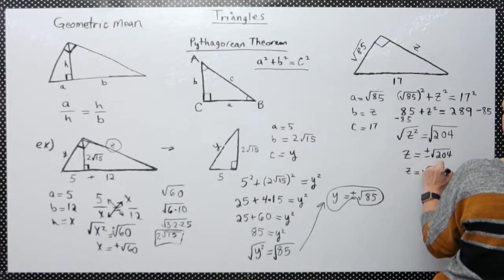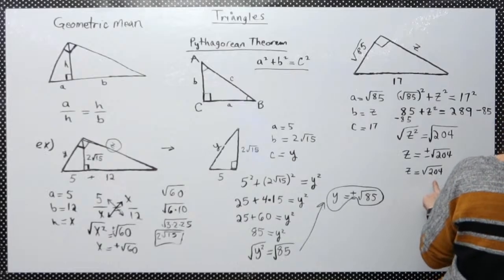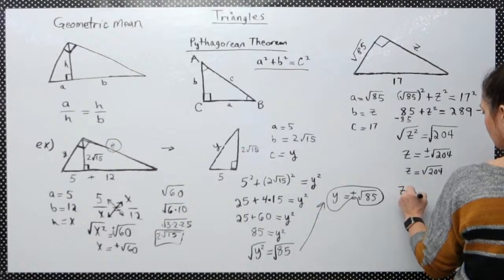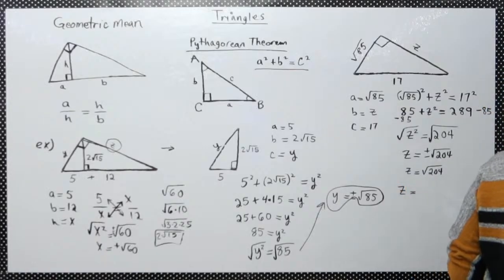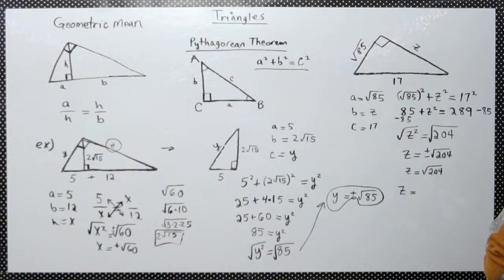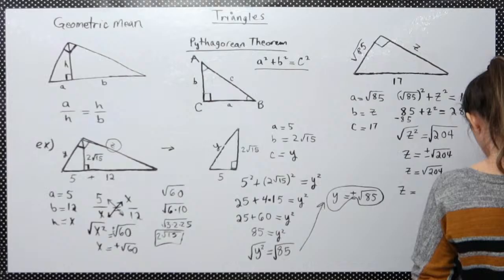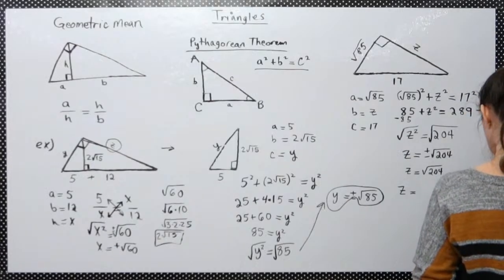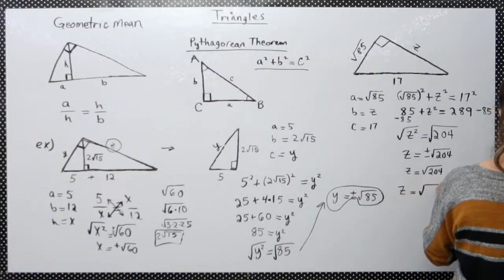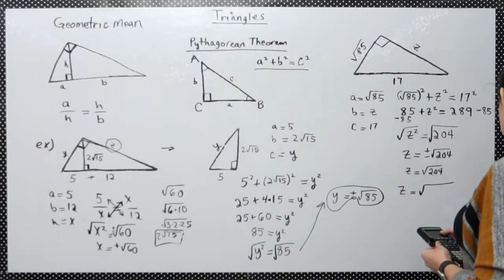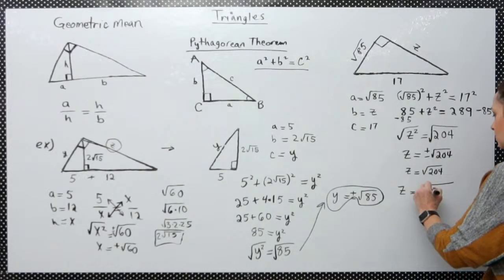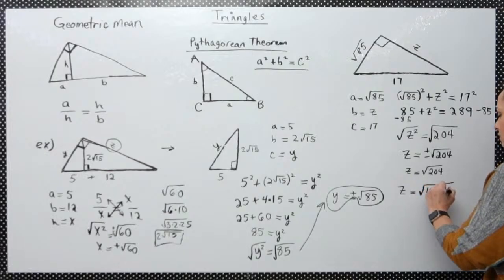Square root of 204. And so let's see if we can reduce that one. It's good practice, and maybe someone will watch this video, not know how to do it, and learn how to do it. All right, so 204 is an even number, so it's going to divide by 2 for sure. Use the old exhaustive method. 102 times 2.